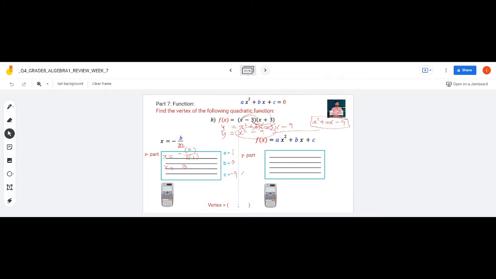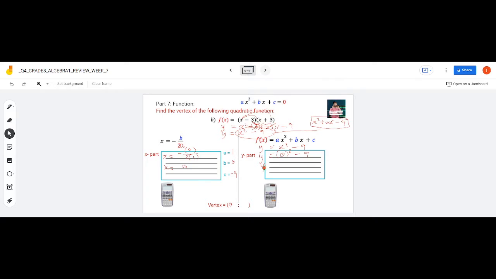Now, what do we do with the 0? Well, we use that 0 and we substitute it into our equation. So we've got our x part, which is 0. Now, for the y part, I'm just going to rewrite this again: x squared minus 9. So y is equal to, open the bracket, put a 0, squared, minus 9.